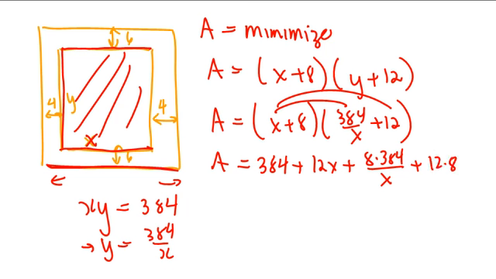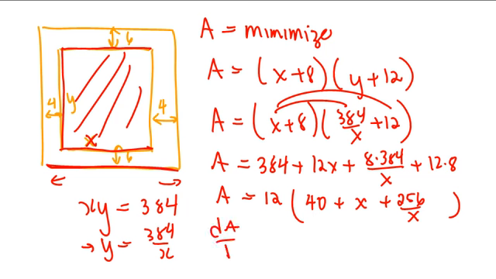So that allows me to take the derivative a little bit more easily, and I'm going to take out a factor of 12 before I even start, and that leaves me with 40 plus x plus 256 over x.